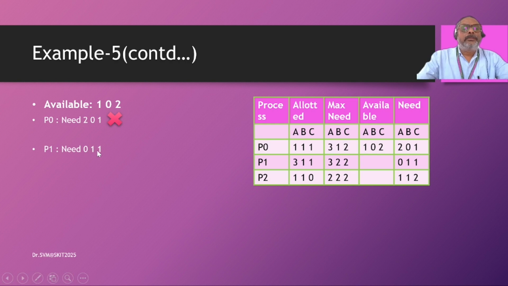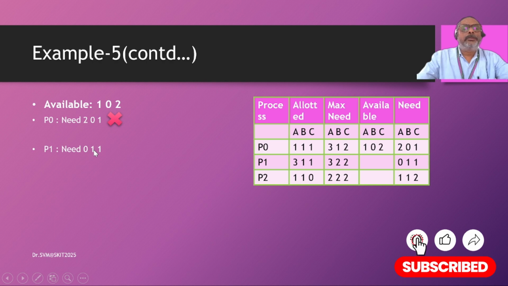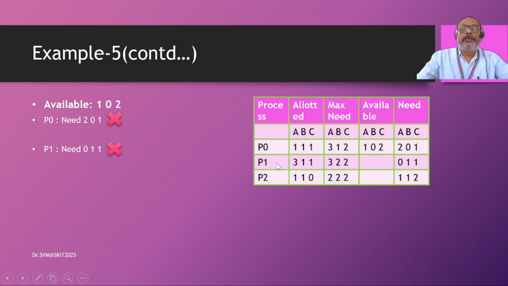Therefore this 011 cannot be given, because though A is not required, that's not an issue, and C we have 2 and want only 1, so that can be taken up, but the problem is with B. It is not possible to give one instance of B, and hence this requirement also cannot be taken up. So we cannot allot this 011 to P1, and hence P1 also cannot continue its execution.